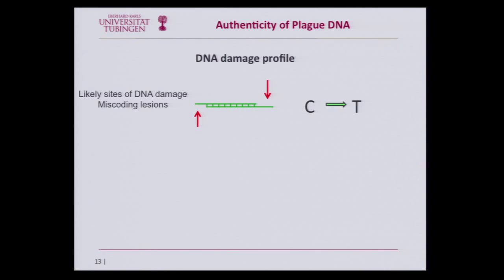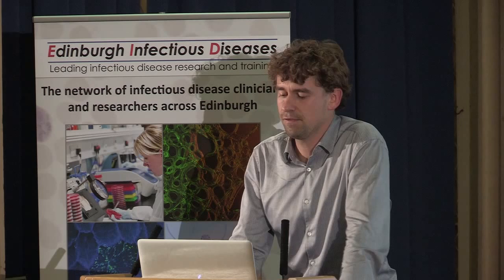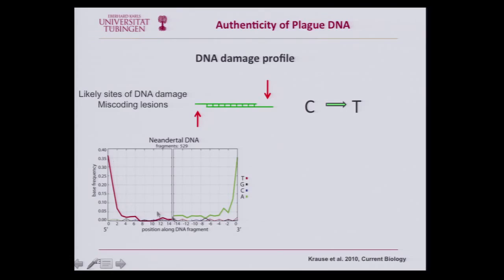Mostly you have damage where C's in the DNA become T's. And that is something that has been observed already 15 years ago. However, what we did not know 15 years ago is that those damaged molecules leave a very specific profile. They leave a profile we call sometimes the smiley, even though that looks more like a grin than a smiley.